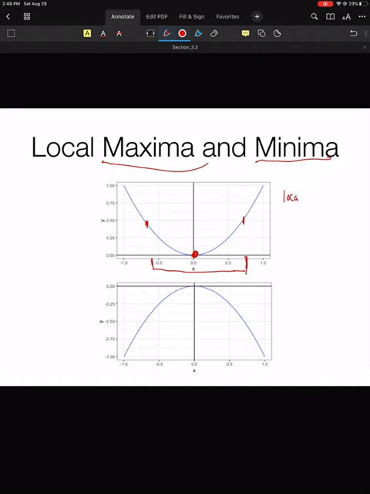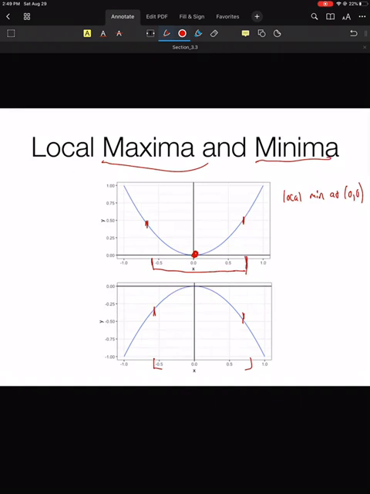So it turns out that this function has a local min at 0, 0. For my other function, I look again in some range from here to here.